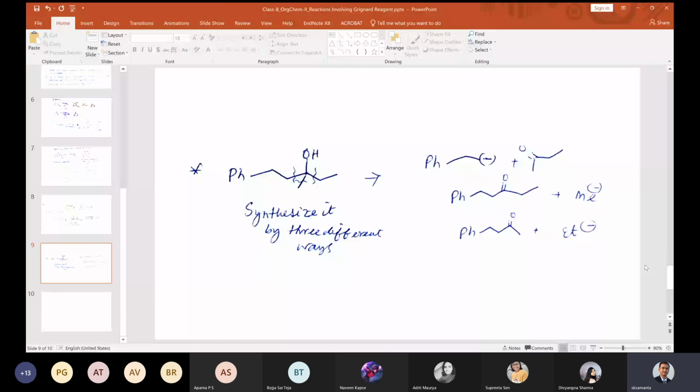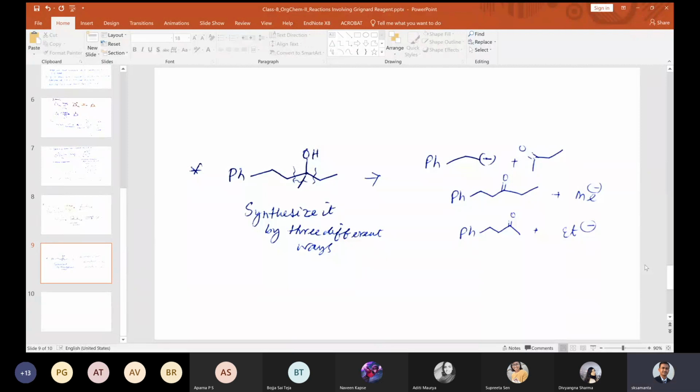There are many approaches one could propose, but not all of them are fruitful. Some approaches are valid on pen and paper, but when it comes to the practical laboratory, you see that it is not happening. So there are many factors that dictate which pathway would be suitable.